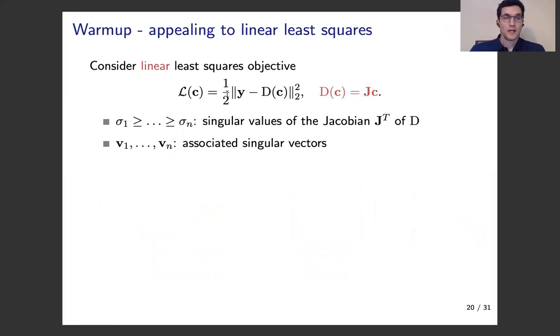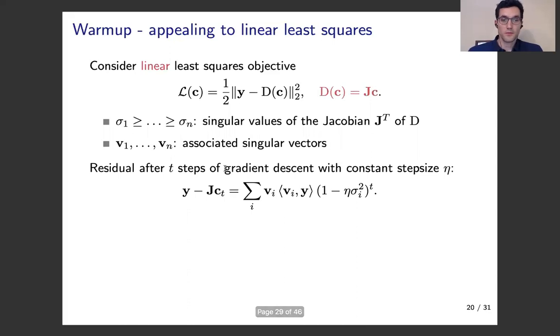So some matrix J has some singular values labeled sigma 1 till sigma n, and some associated singular vectors, v1 till vn. Now we can write out the residual after t steps of gradient descent with a constant step size. That's a very standard result.